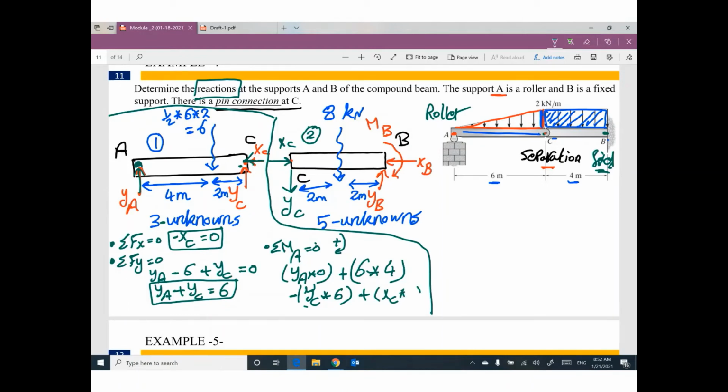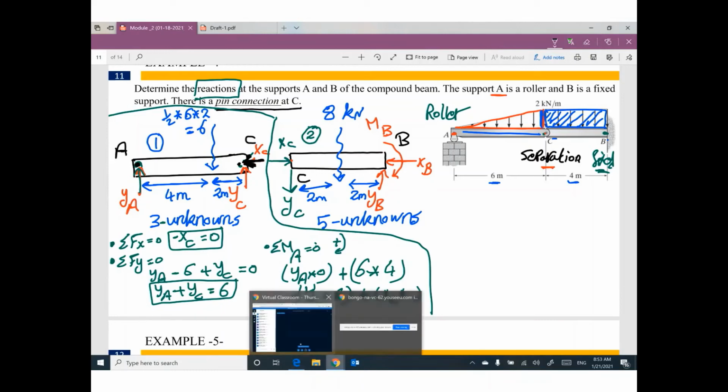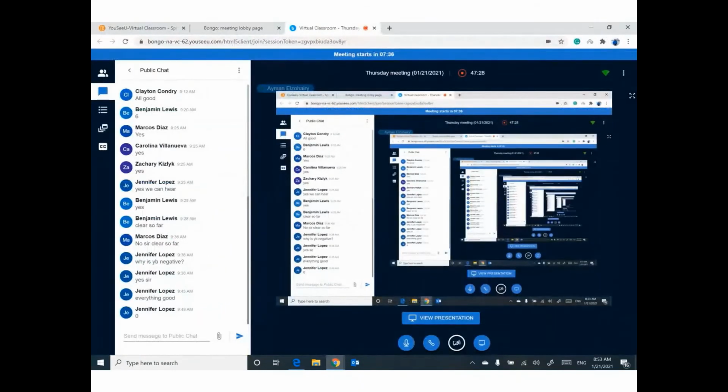What is the distance for XC? Here is XC. What is the distance between XC and point A? Any answer? Thank you, Jennifer. Any more answers?